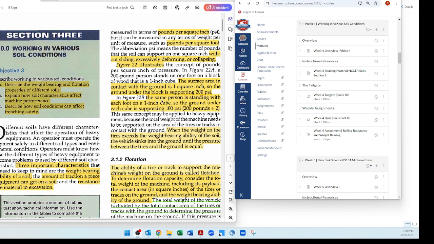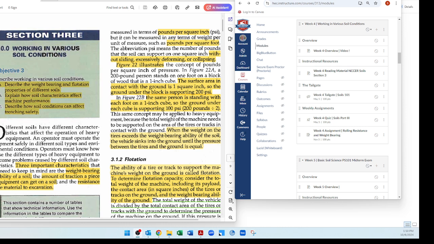In Figure 22B, the same person is standing with each foot on a 1 inch cube, so the ground under each cube is supporting 100 pounds per square inch. And the way I got that is that guy weighed 200 pounds. It says that somewhere up here, right there. So it's 200 pounds, that is the total weight, divided by the surface area, which is 2 square inches.